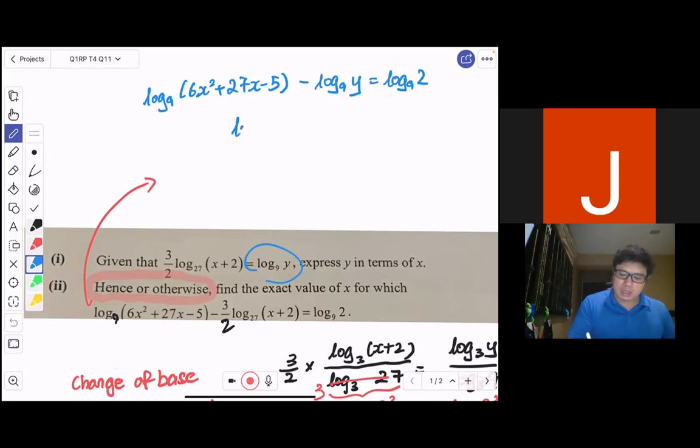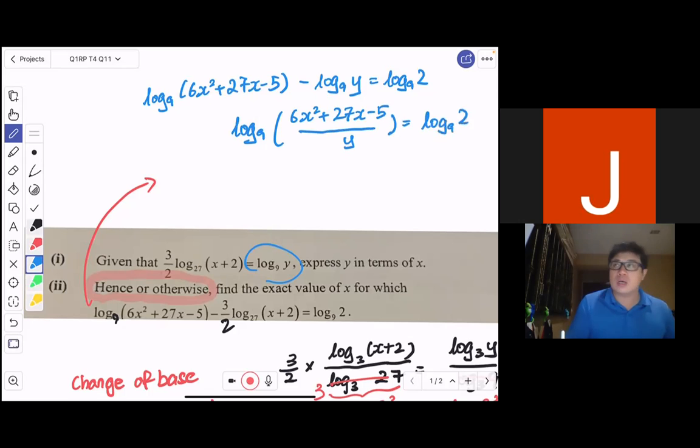That gives me log base 9 of (6x squared plus 27x minus 5) over y. You can see that I'm always doing what I've consistently told you: I always pack my logarithms into one function before I cancel off the log. So I'm able to cancel off the log because they have the same base, and I have 6x squared plus 27x minus 5 over y equals 2.